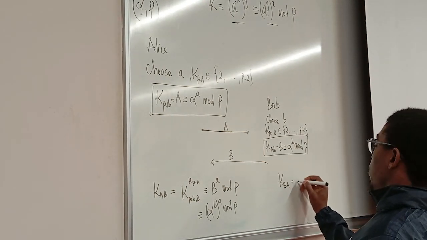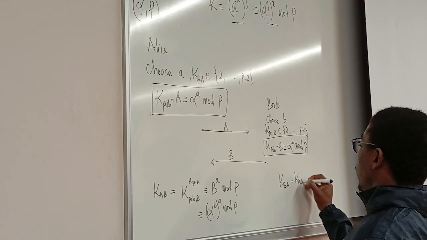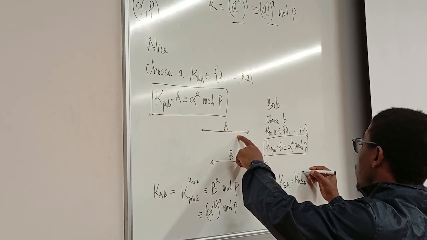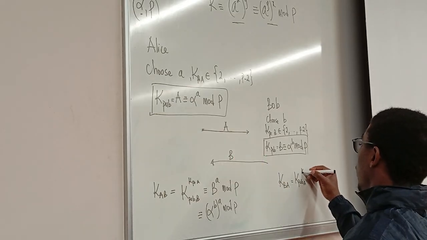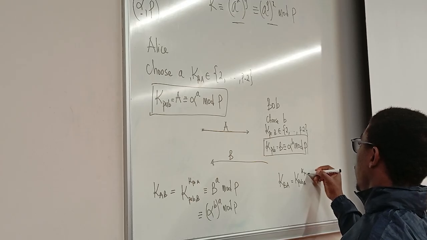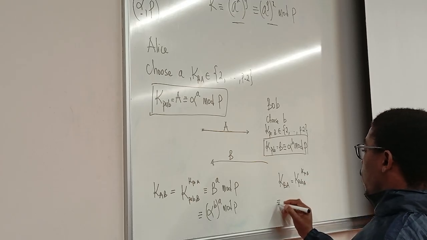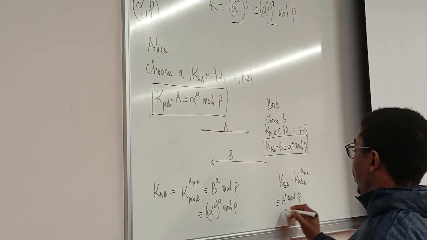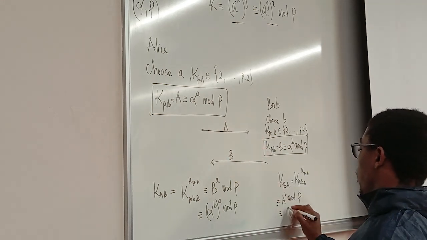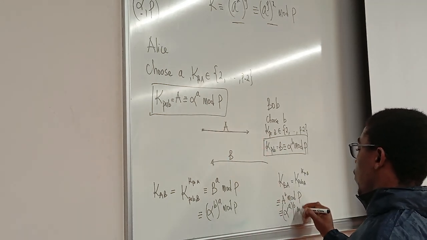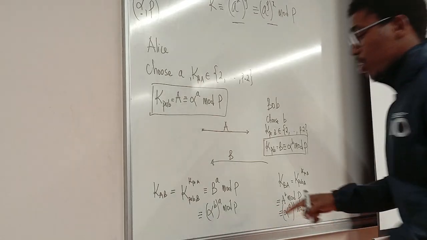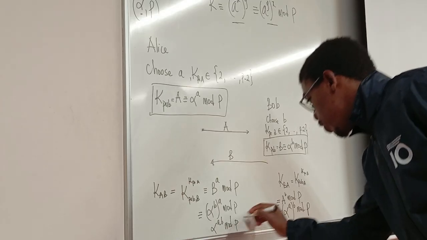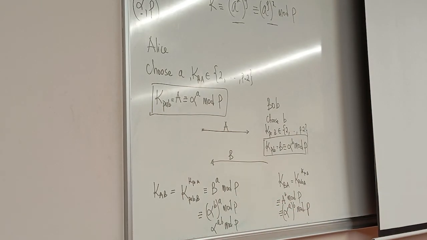Bob takes the public key of A, because that's what he received, and raises it to his private key, B, mod P. We know that the public key of A is alpha to the power of A, mod P. So they actually receive the same thing, alpha to the power of AB, mod P.